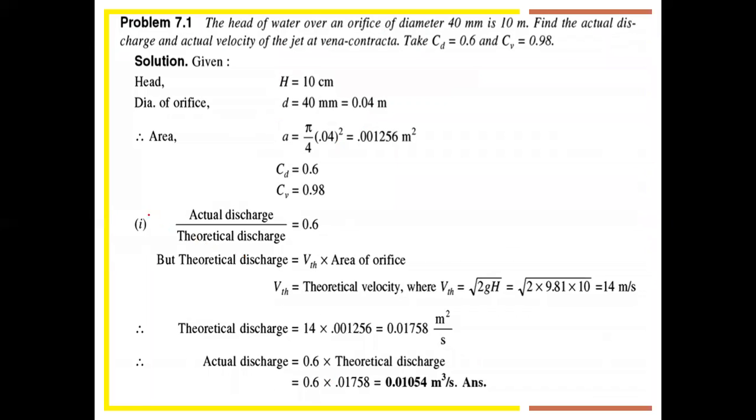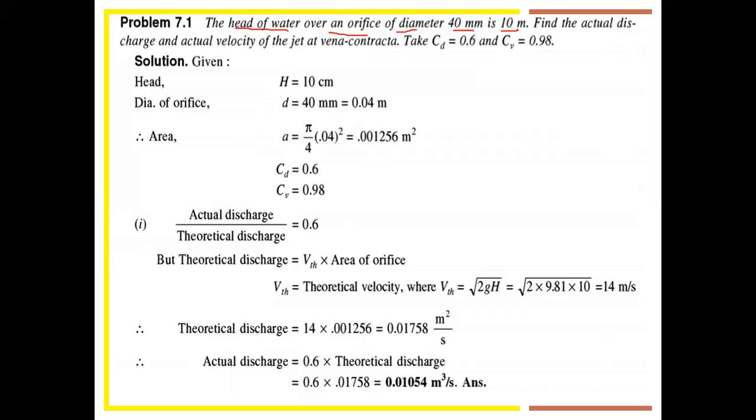See the first problem. The head of water over an orifice of diameter 40 mm is 10 meters. What is the orifice diameter? 40 mm.